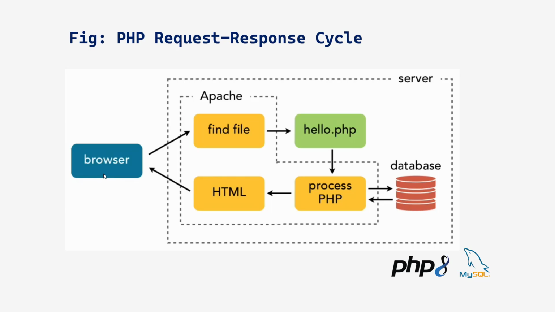Then after processing the file, it generates HTML and sends it to the browser. After getting the HTML file, the browser shows the result that the user visualizes from there.